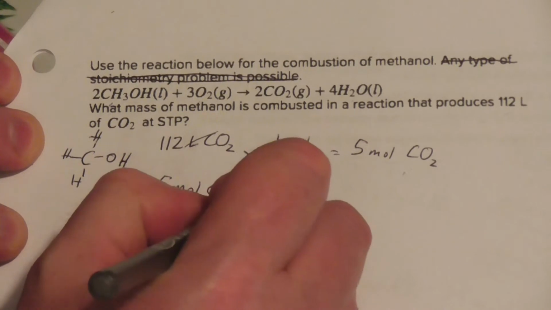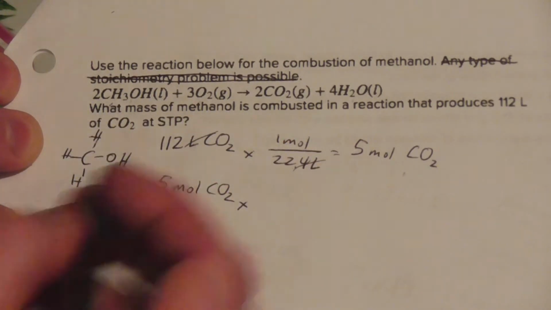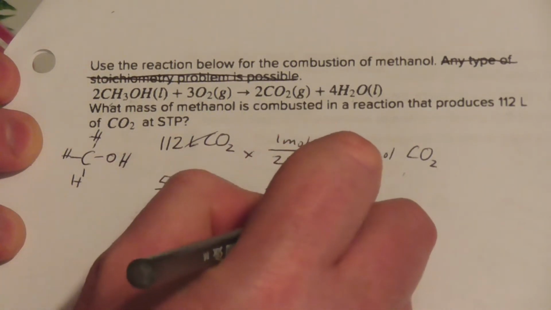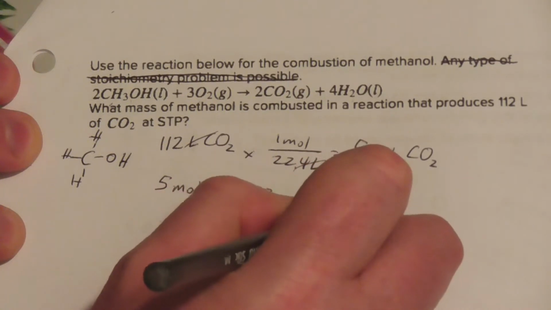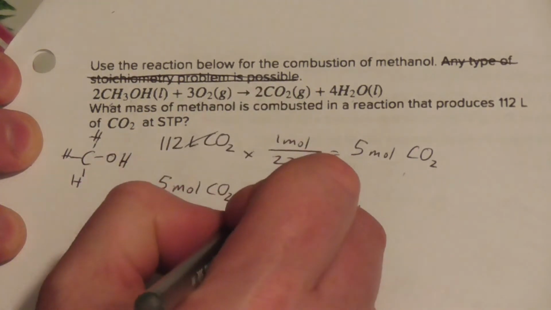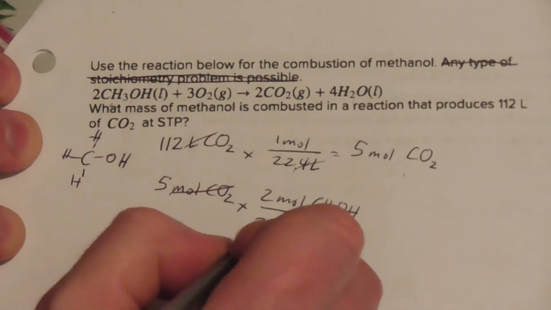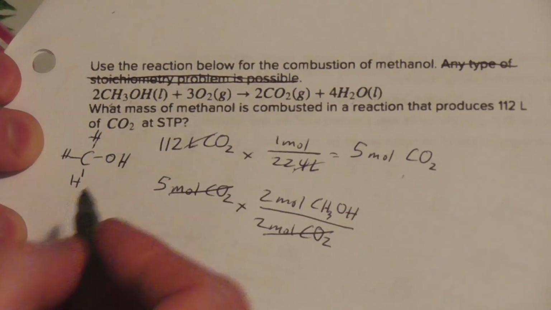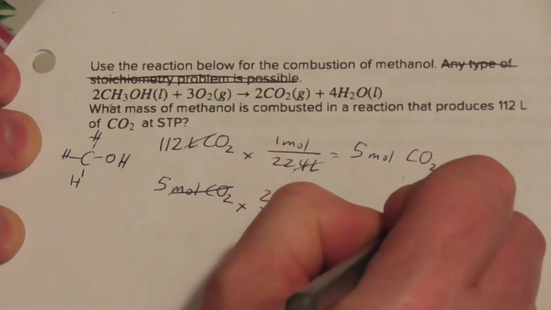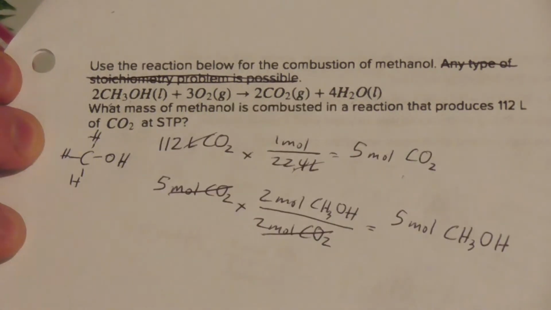I'm going to feed this through my mole ratio to find moles of methanol. So, 2 moles of methanol over 2 moles of carbon dioxide. I set this up so that my moles of carbon dioxide cancel out. I get 5 times 2 divided by 2, which is 5 moles of methanol.